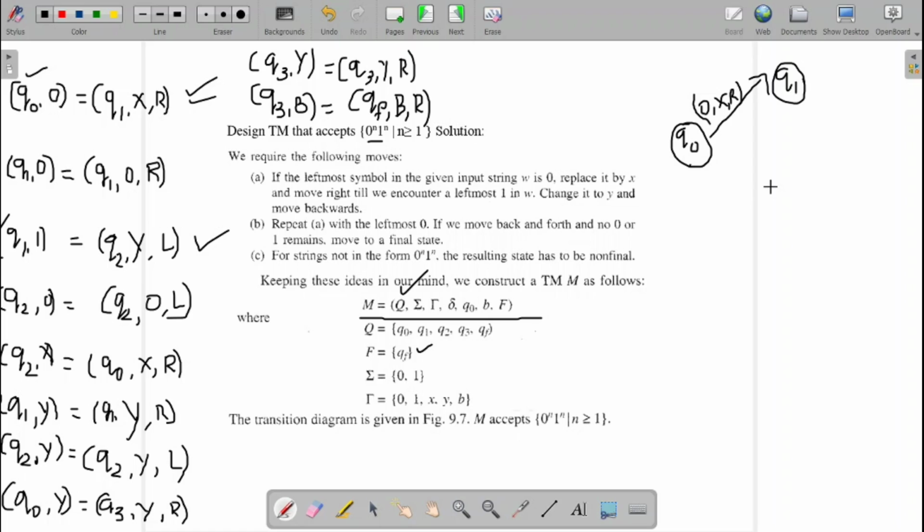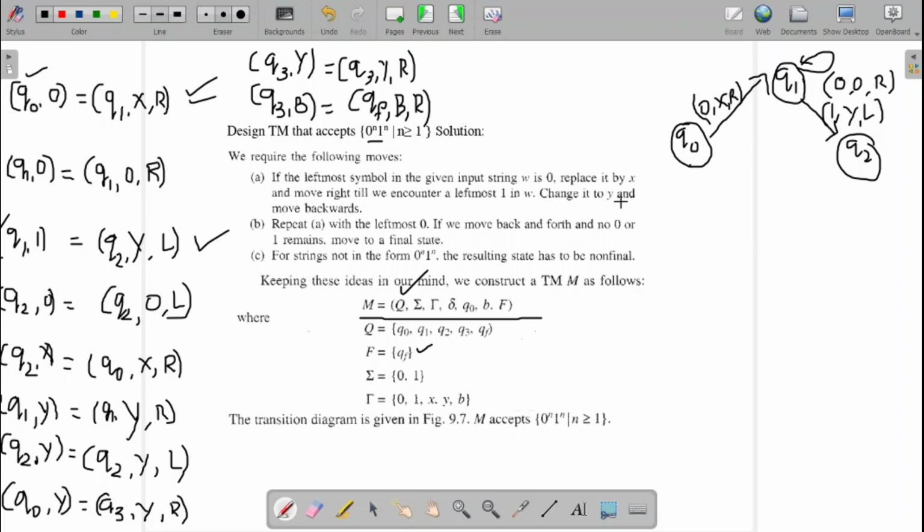Then next, Q1 on 0: 0 as it is, replaced with 0, nothing done, I will just have the right movement. The next, Q1 on 1, I will change the state to Q2, 1 replaced with Y and the movement is left.